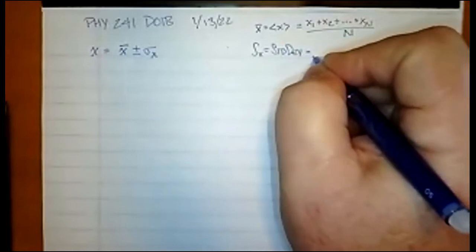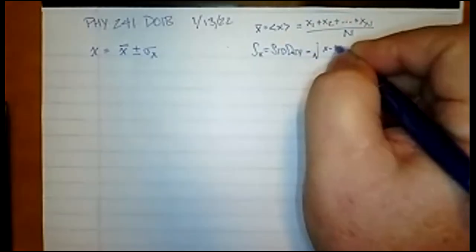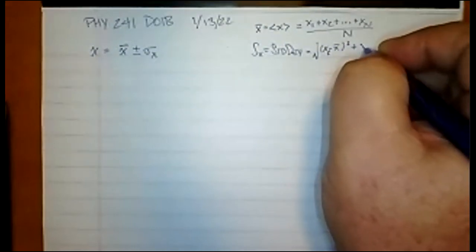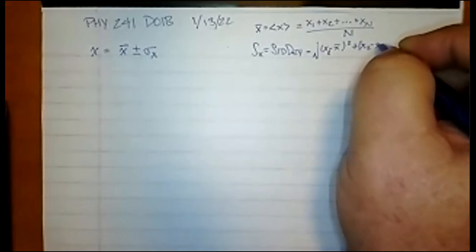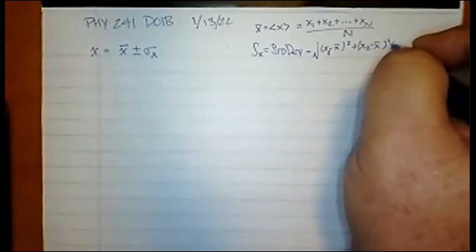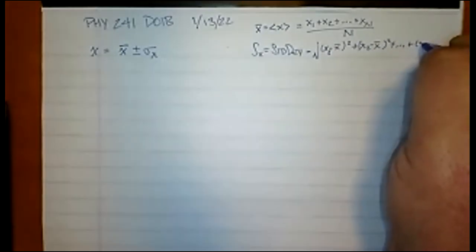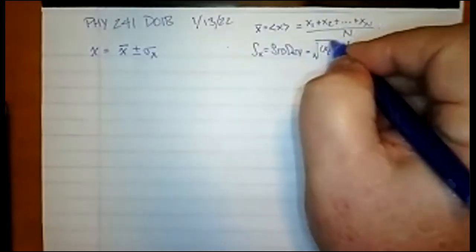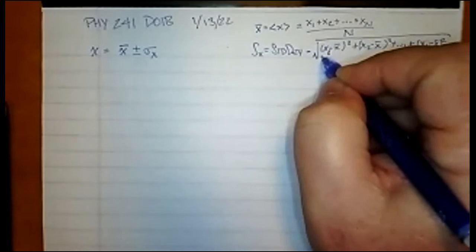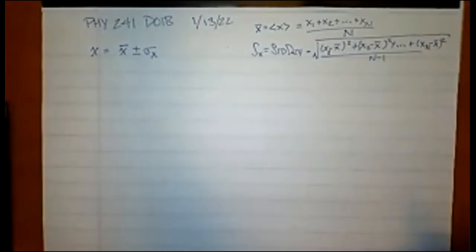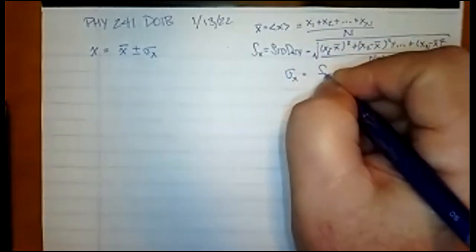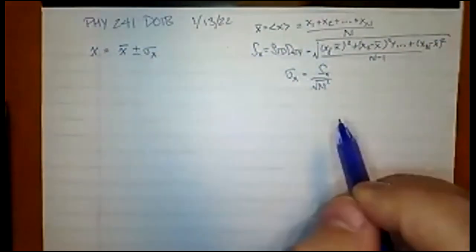And that's the square root of x1 minus x bar squared plus x2 minus x bar squared plus ... plus xn minus x bar squared, square root of all that, divided by n minus 1. And then sigma x is just s sub x over the square root of n. So that's the number that goes over there.